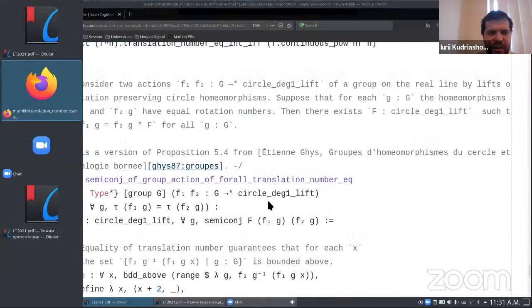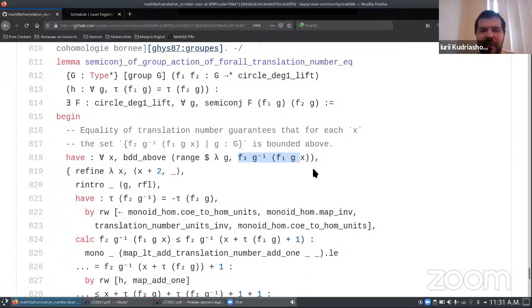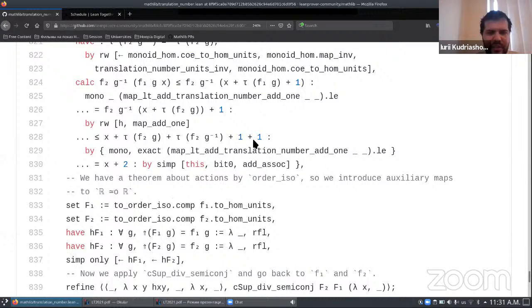Basically, you just take this set for every x, and take its supremum or infimum, but it doesn't matter.